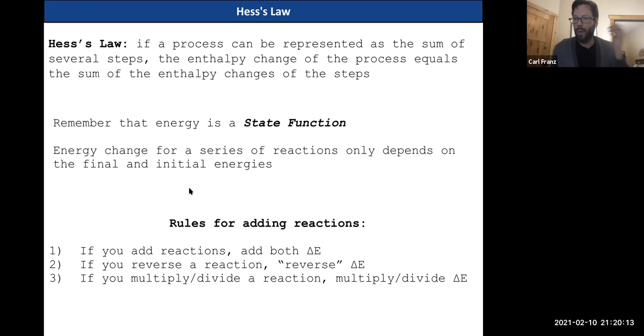If you reverse a reaction, you go from products to reactants, you're going to reverse the sign of the change in energy. Okay, so if it was a positive, now it's going to be a negative. If you multiply or divide reactions, you do the same thing to their respective delta E's. Okay.